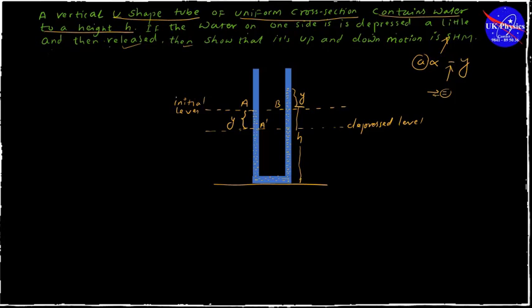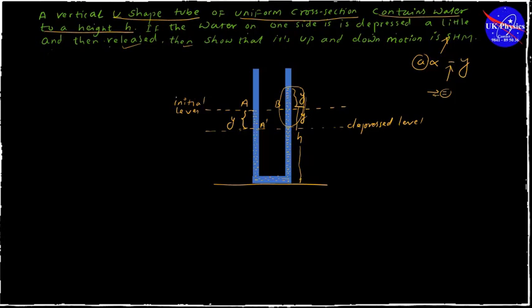So this is also y, and you can see here that this column of water creates an excess pressure.